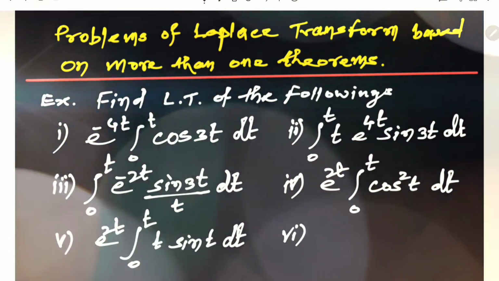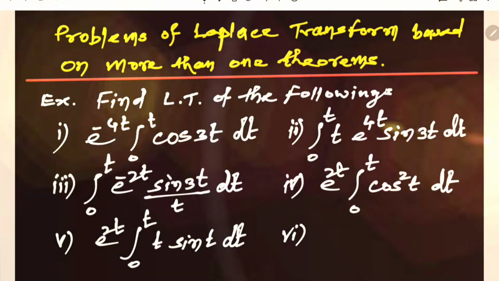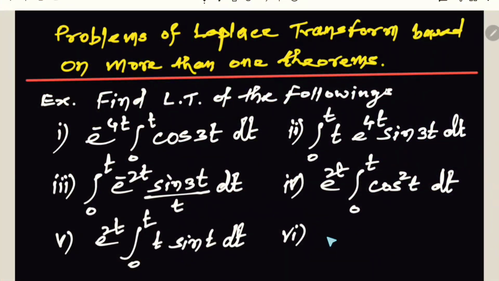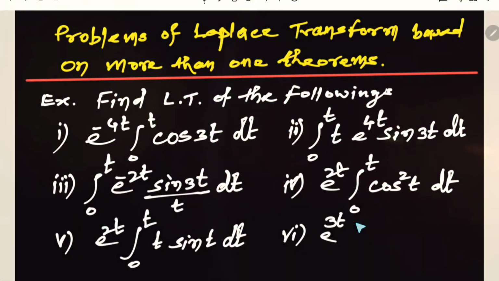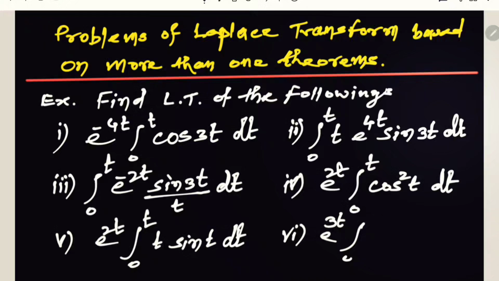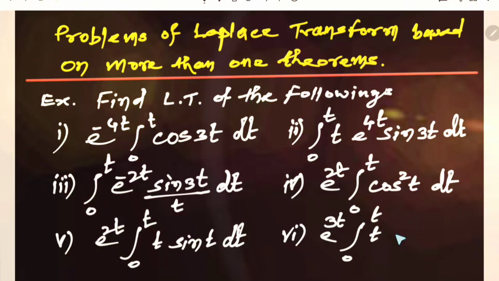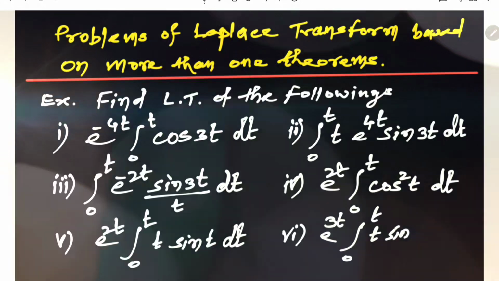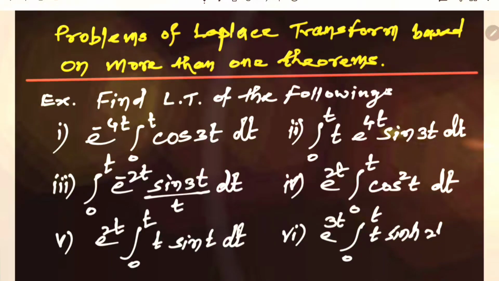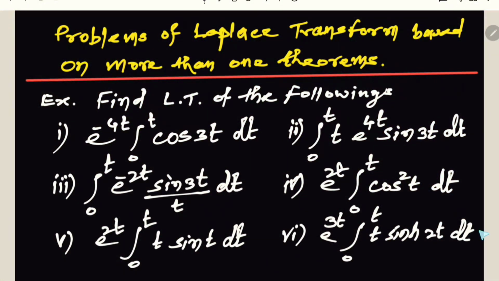And last one, e raised to 3t integration from 0 to t of t into sine hyperbolic of 2t with respect to t. Therefore, these total 6 examples I will discuss one by one in this video.